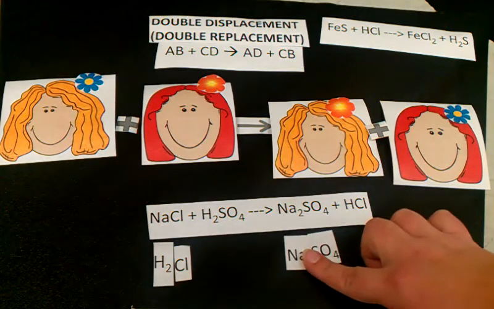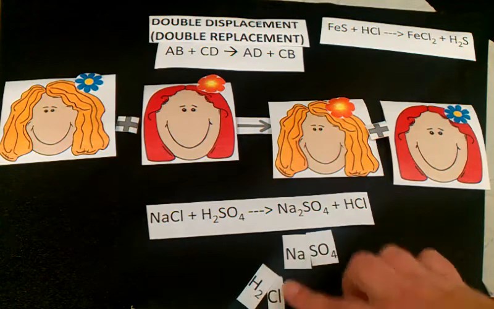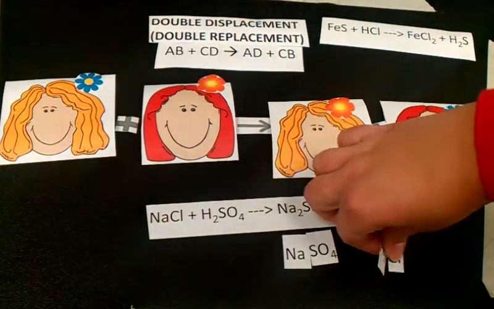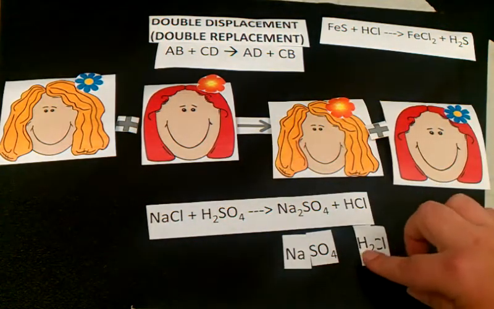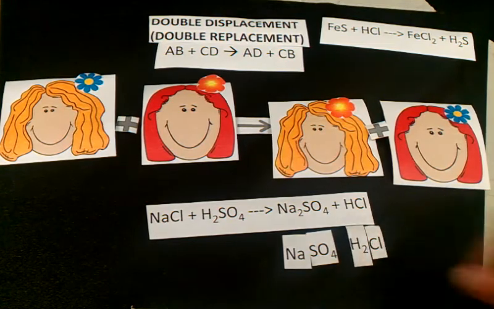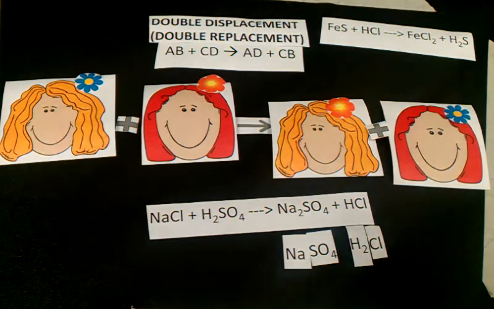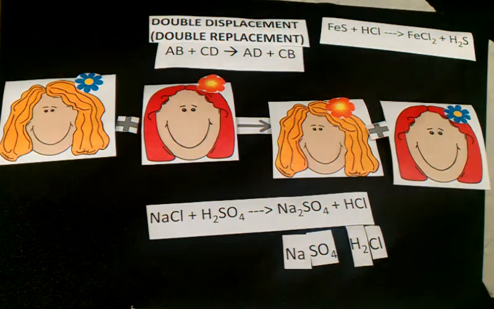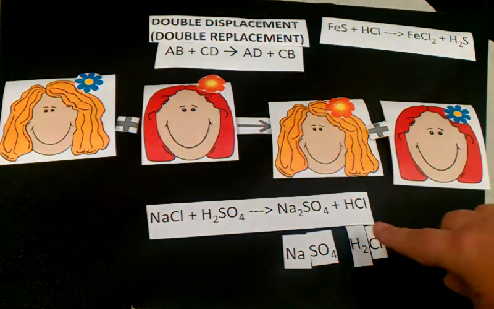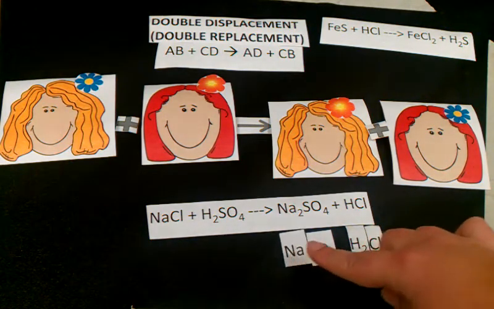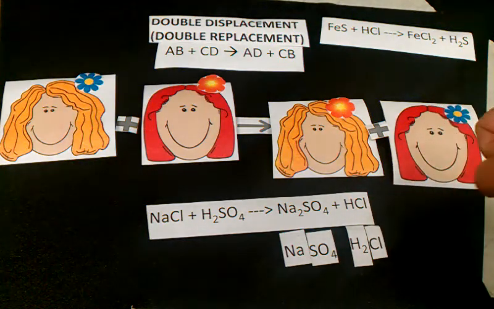So now we end up with sodium sulfate and hydrogen chloride. Again, the subscripts change, and that's okay. We're going to balance that equation later, but I just want you to see what's happening with the ions in the formulas.